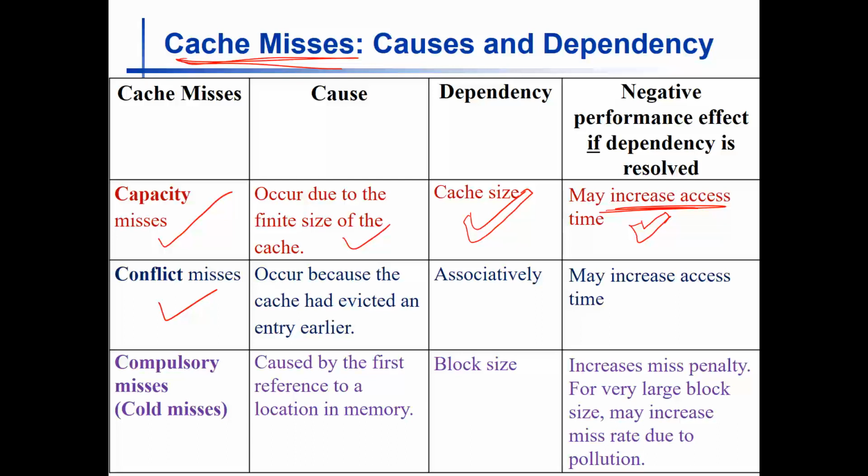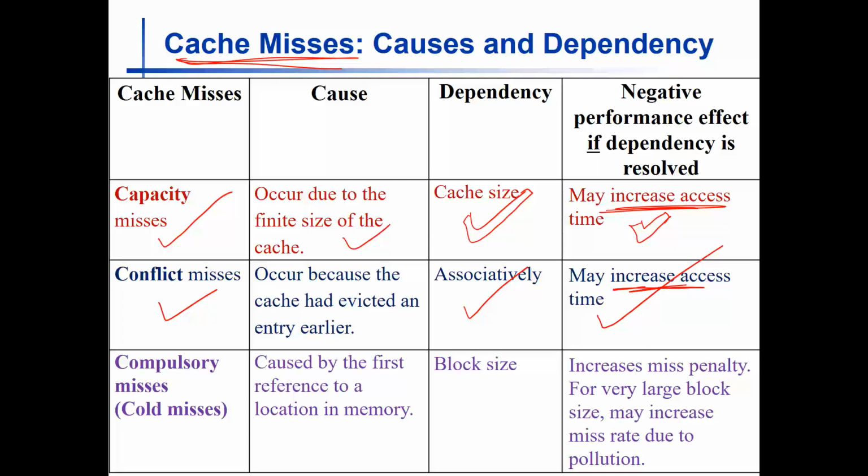And obviously associativity has a lot to do with it. If you increase the associativity, you will reduce conflict misses. But increasing associativity makes the cache design complex, and you will increase access time.